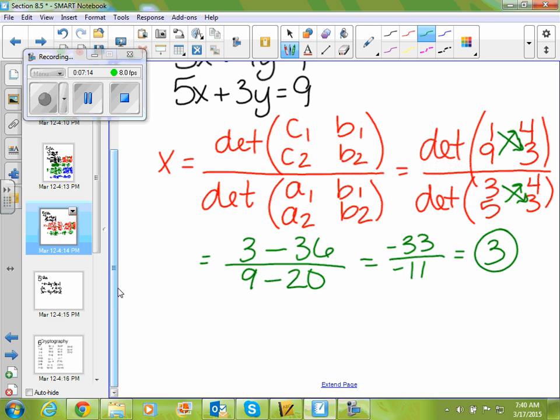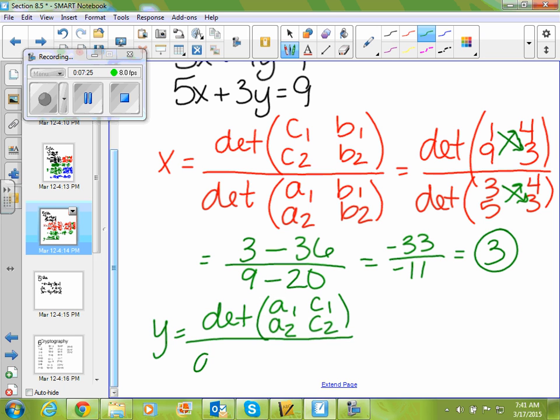I'm going to do the same thing for my y. I know that y is the determinant of a1, c1, a2, c2, divided by the determinant of my leading coefficients a1, b1, a2, b2.